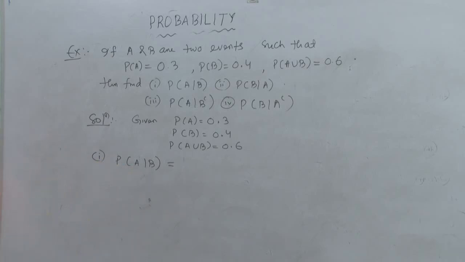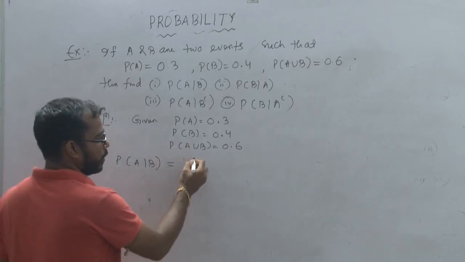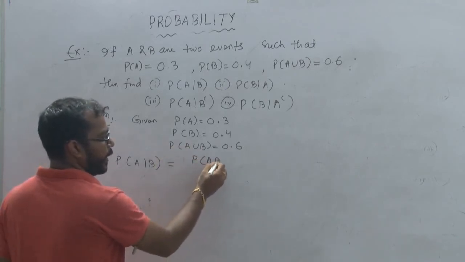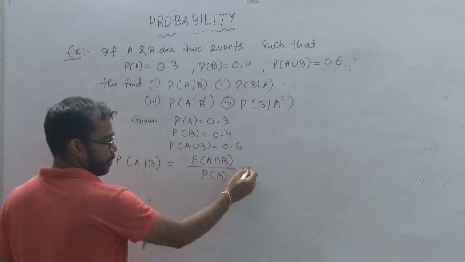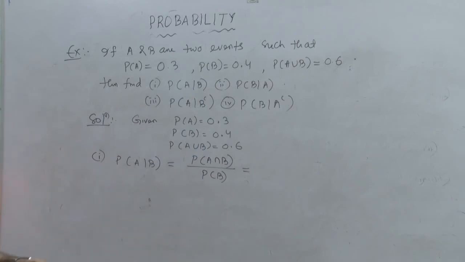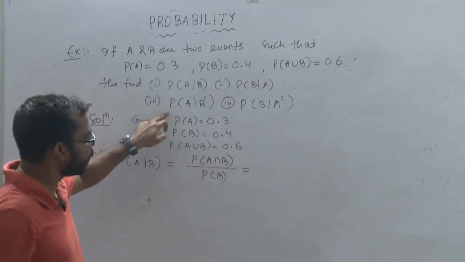So the formula of probability of A by B, as you know, is probability of A intersection B by probability of B. Okay, so do you have the value of probability of A intersection B in the given?